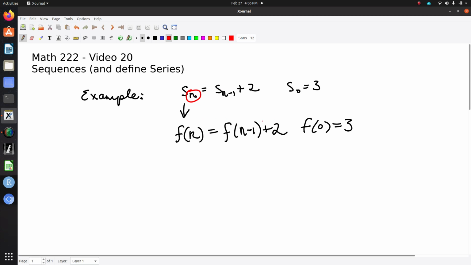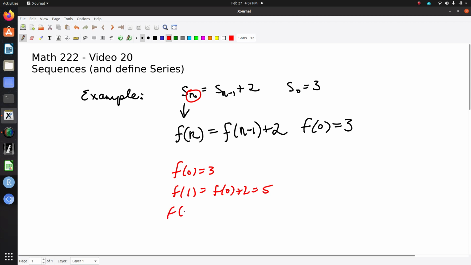So how would you find, for example, the underlying function, which would be good only on non-negative integers? Well, how would you find the function that this is? You would say, well, f of 0 equals 3. f of 1 must be f of 0 plus 2, so it's 5.